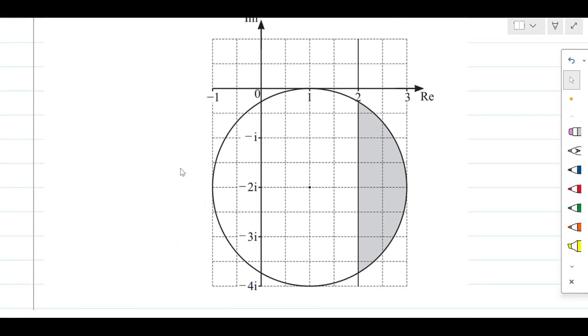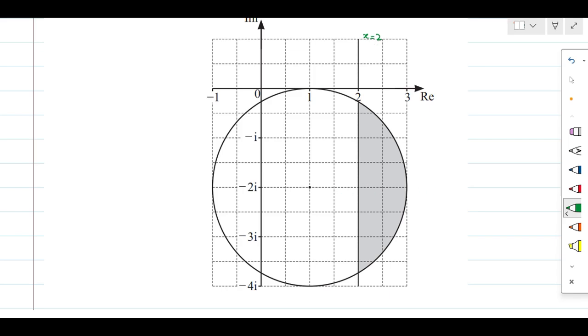Now the first inequality: in the normal coordinate system, the xy in the real world, this straight line is x equals 2, and in this case it is real of z equals 2.